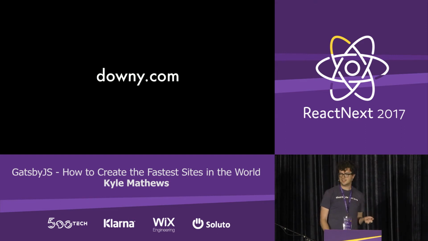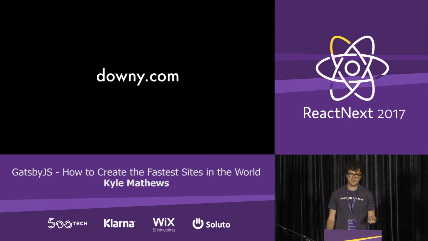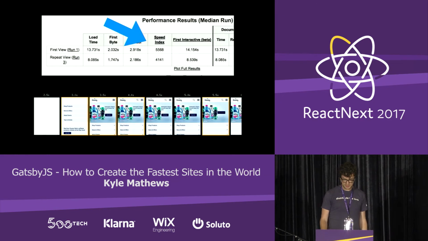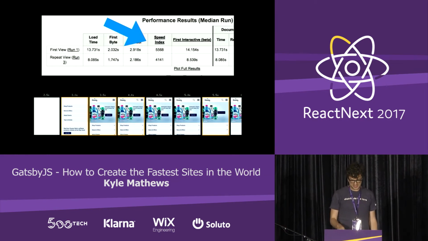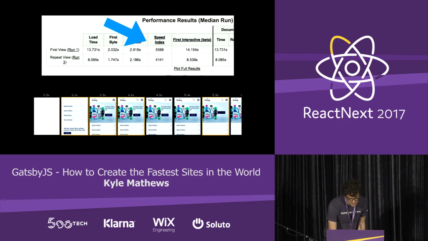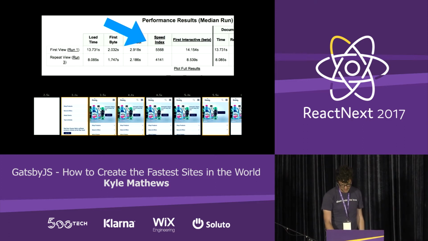The next site is Downy.com, everyone's favorite. They're a bit faster, at 5,568. You can see down here they first pop on the screen in about 3 seconds, and are fairly visually complete at 3.5 seconds. Then for some reason, the navigation menu below drops out at 5.5 seconds.